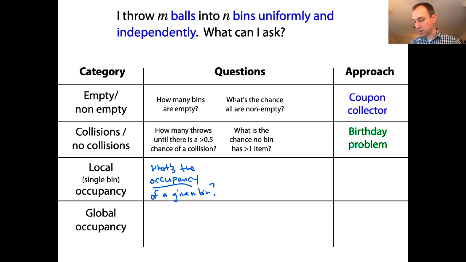And then, for example, now we can go to numbers besides 0 and 1, which is basically what coupon collector and birthday problem are allowing us to study. So, what's the chance a given bin has more than 2 items?